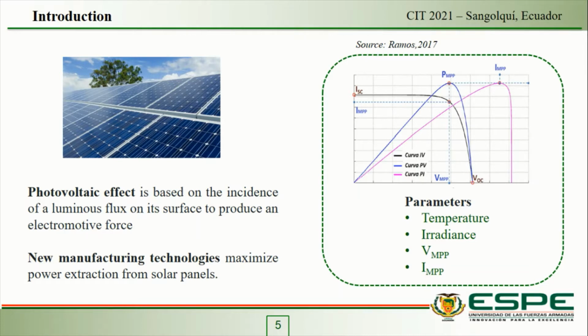In recent years, new manufacturing technologies have been developed that maximize energy extraction from solar panels. There are three characteristic curves of the operation of the solar panels. In black color, the current voltage curve. In blue color, the power voltage curve, and in the pink color, the power current curve.